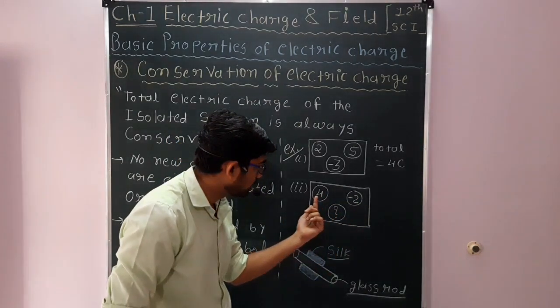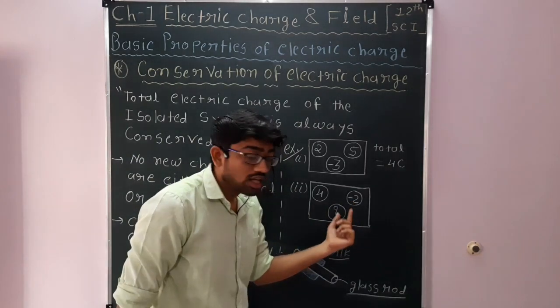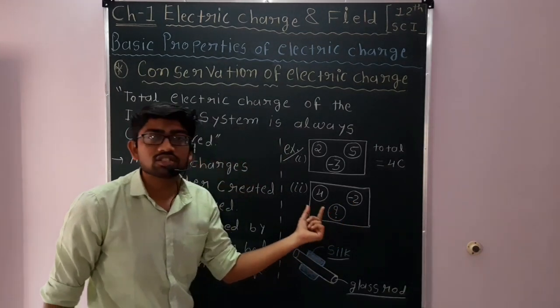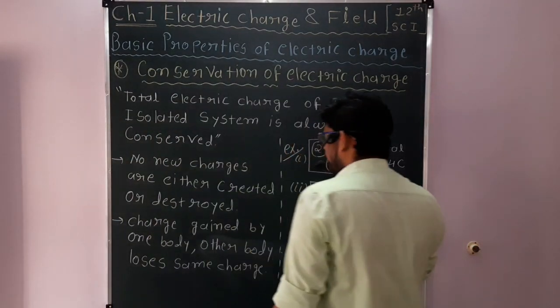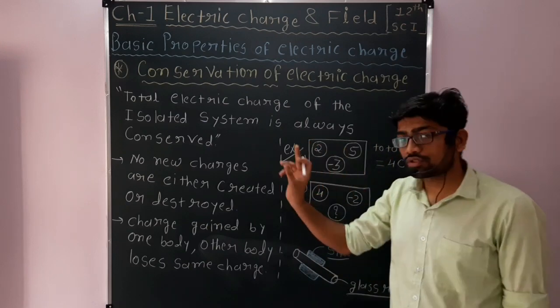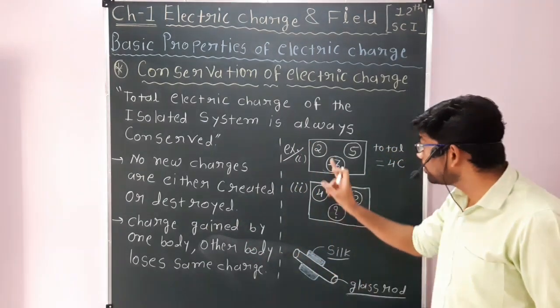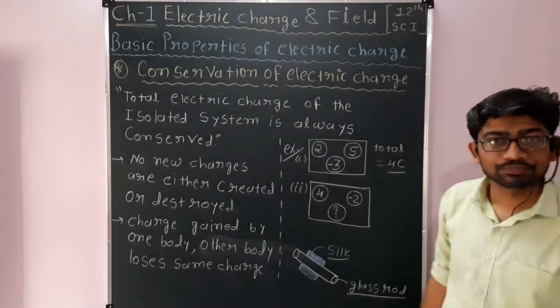Suppose the first one gets 4, the second one gets minus 2, then what is the charge of the third sphere? See, the law is what? In any isolated system, charge should be conserved. So the total charge should be 4 coulomb.